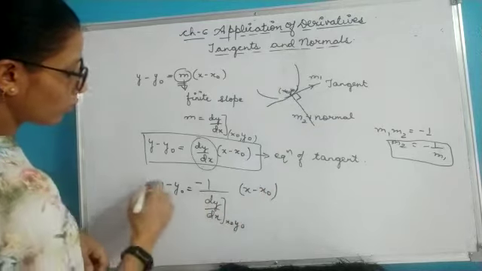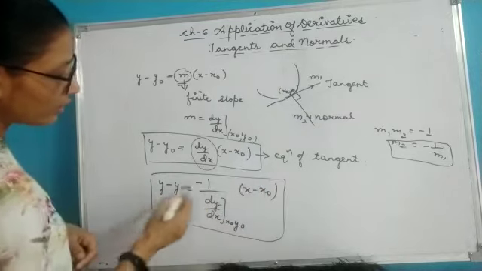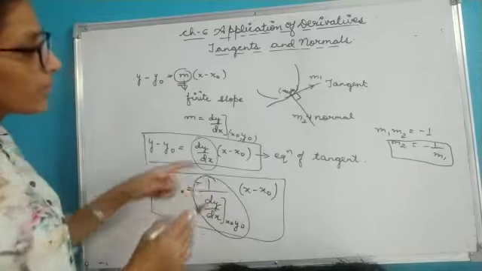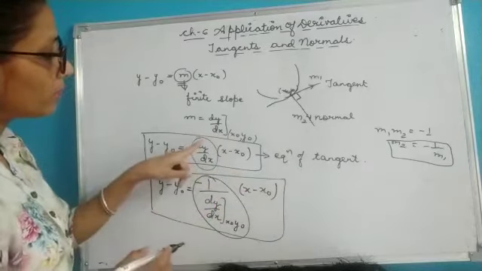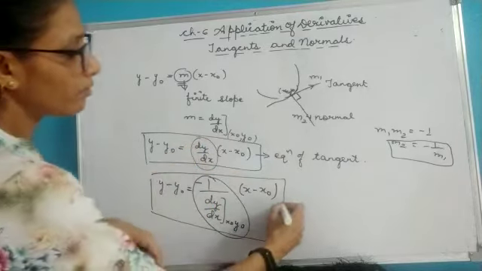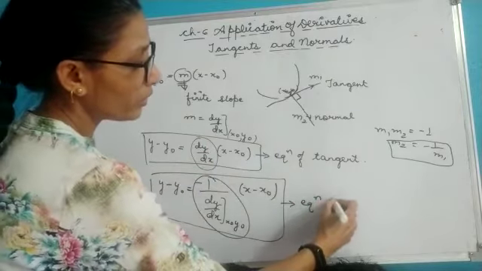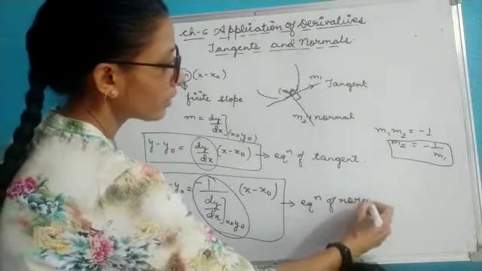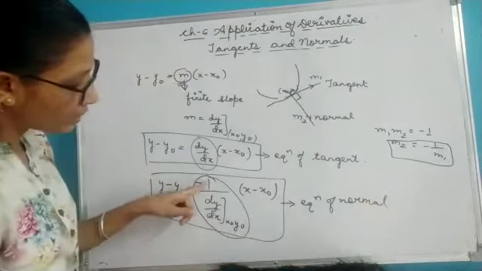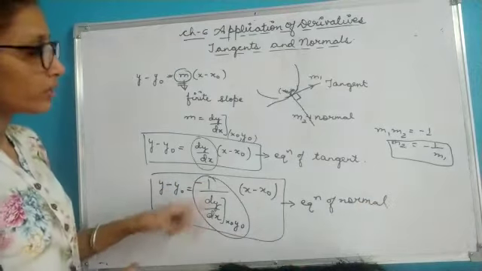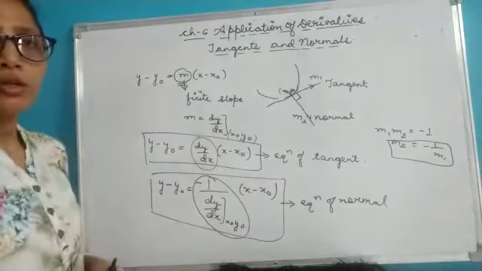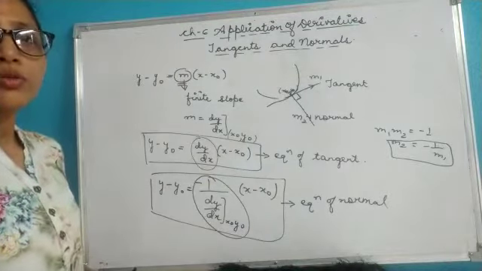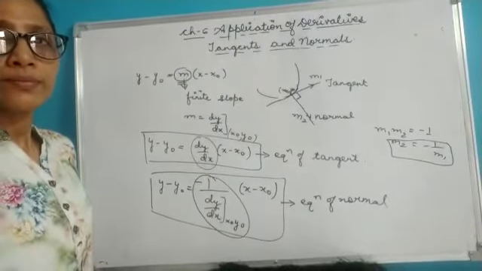So simply what change have I done? When we are talking about tangent, we take the slope as dy by dx, and when we are talking about the equation of normal, then I am taking it as -1 upon dy by dx. So these are the equations of tangents and normals, and look how we can use these in questions.